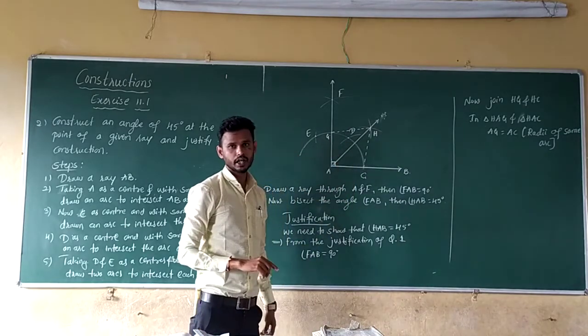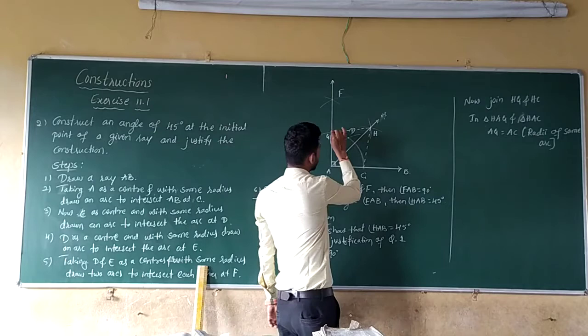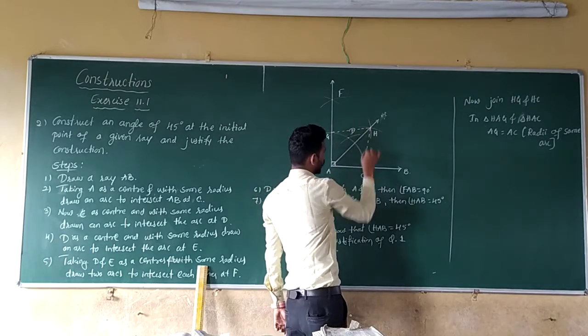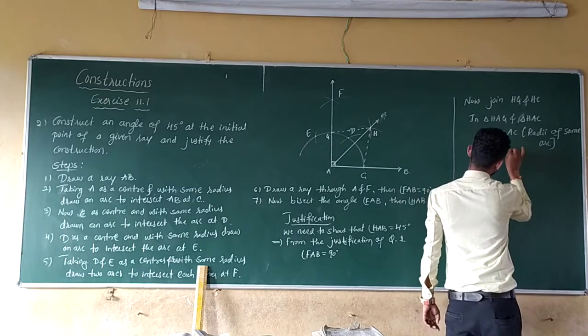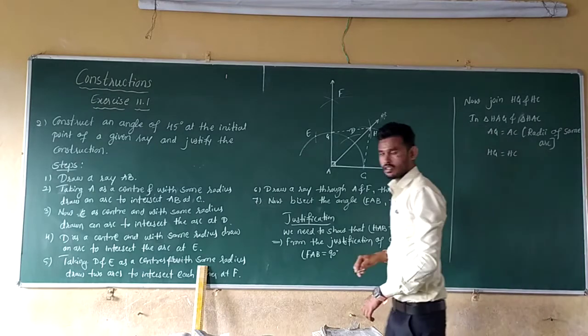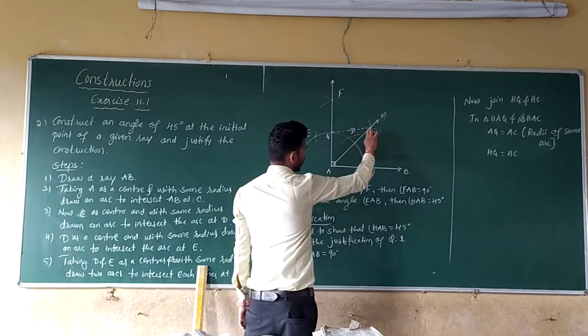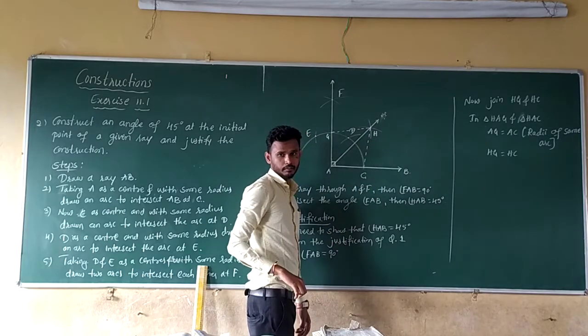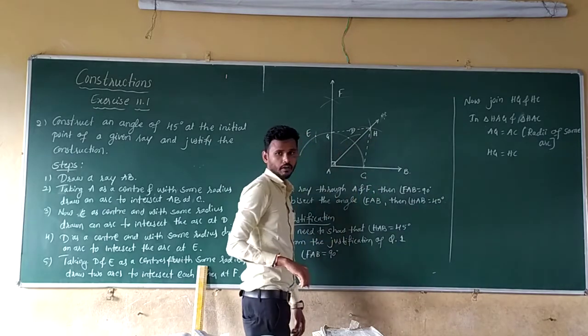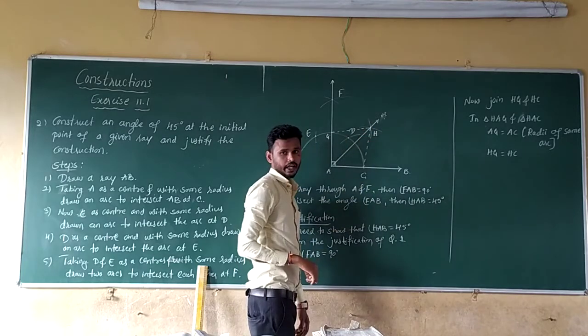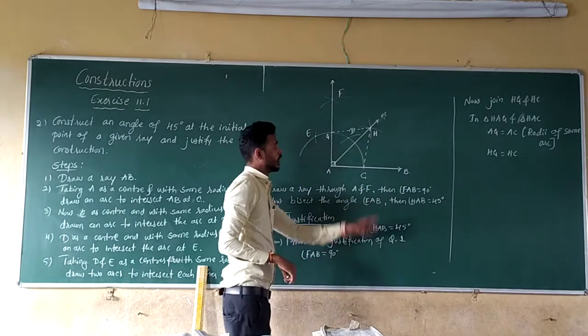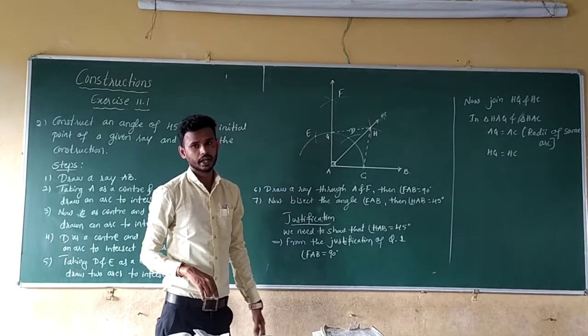Radii of the same arc are equal. And next, HG is equal to HC, because we have taken both radii the same, arcs of the same radii.